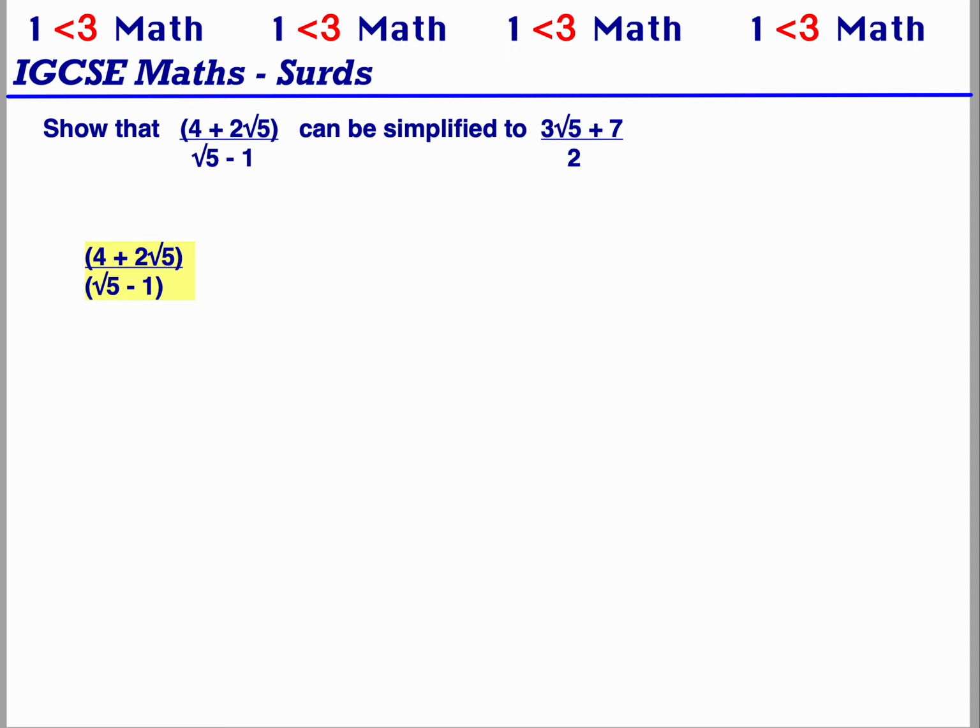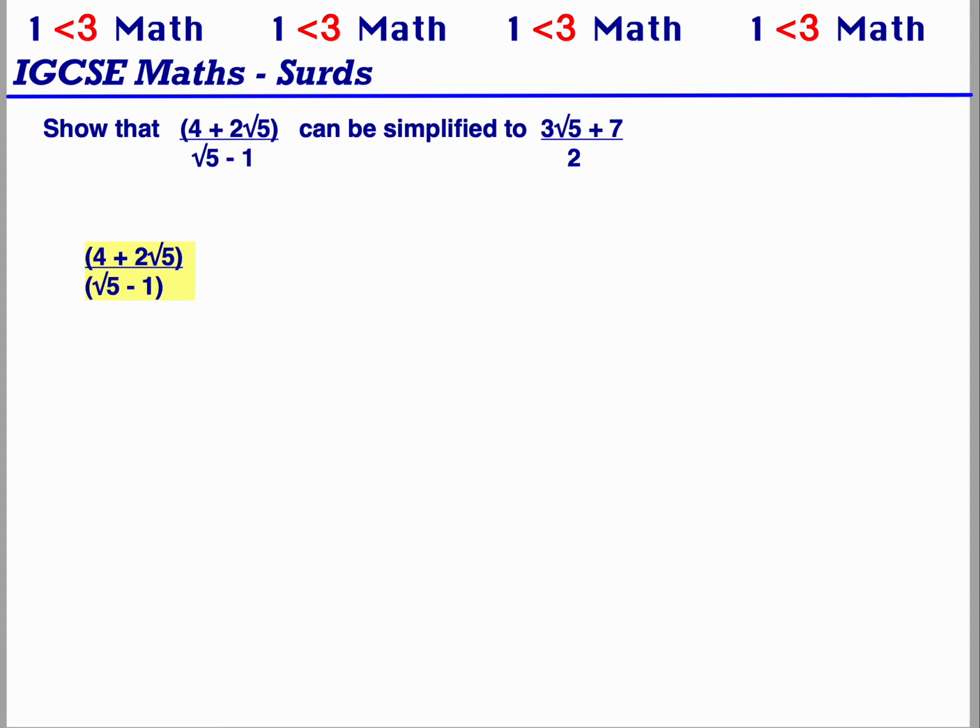So we're going to deal with this surd here: 4 plus 2 root 5 over root 5 minus 1, and you will note that I've put a bracket around the denominator. Now what we need to do is times by the plus version of the denominator.